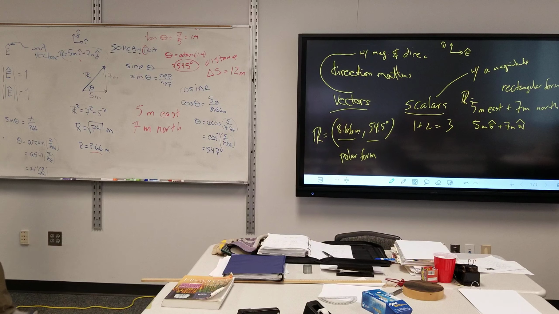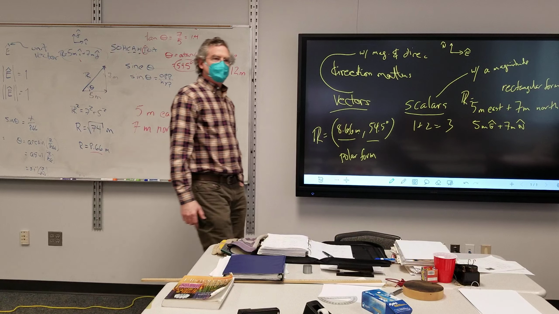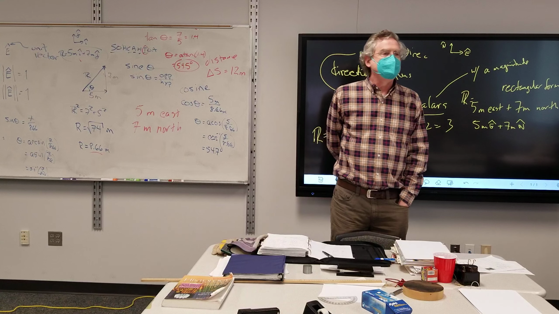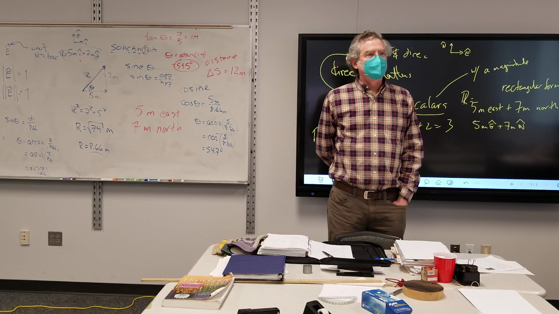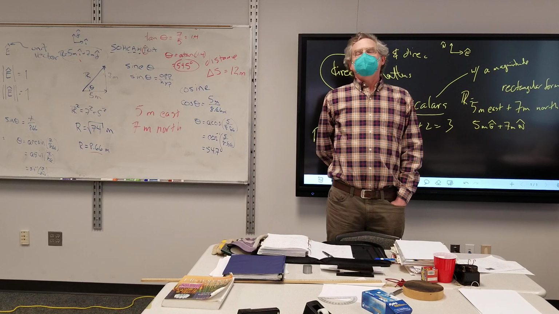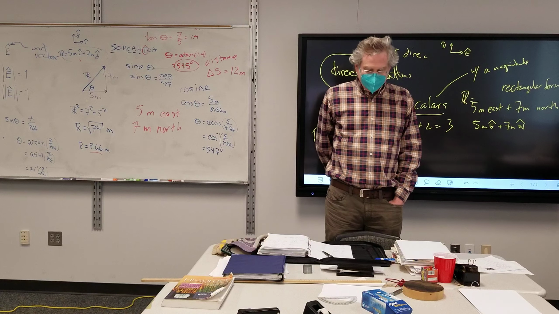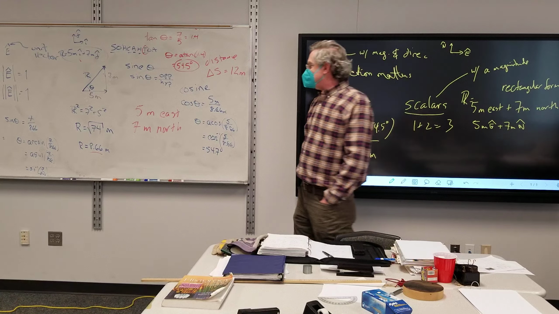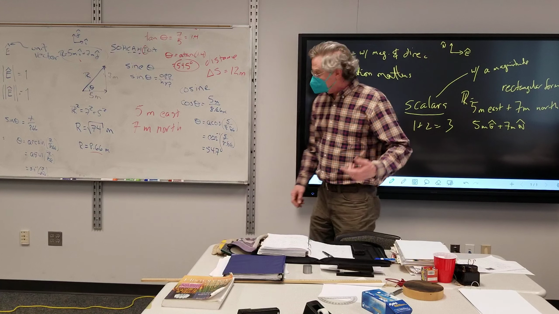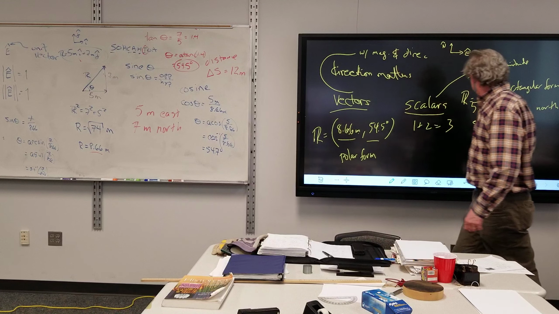Yes? Just a question, because I guess I'm still stuck in math 171, so that has nothing to do with absolute value? It does, if you think about it. Here's the connection. Let's get rid of this.